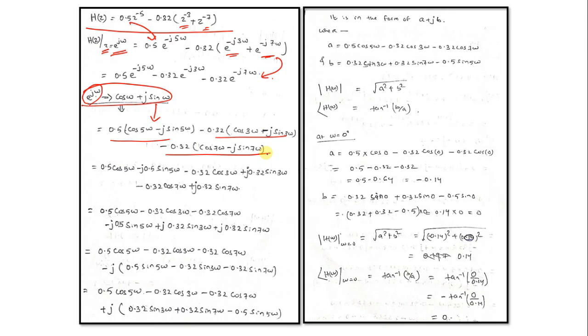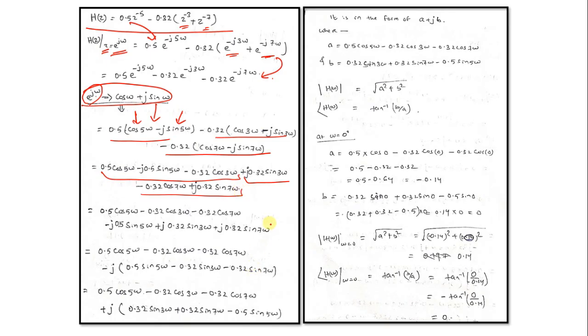Now in each component you see there are some real components and some imaginary components. So bring the real components together and the imaginary components together and then solve it.